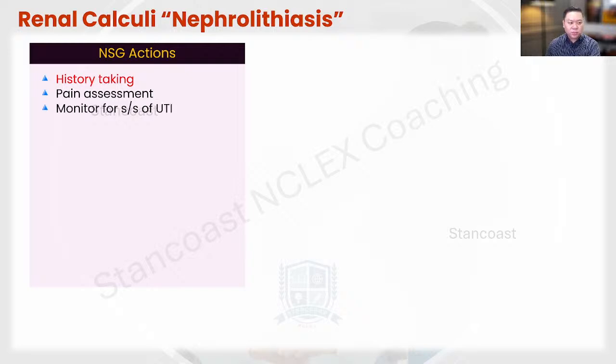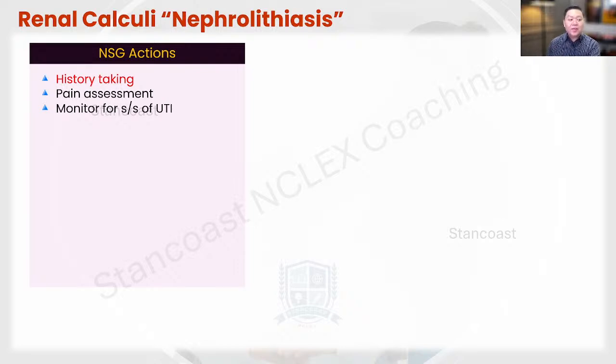You can do it. And so another is to monitor the patient for any signs and symptoms of urinary tract infections, because like I said, most of the time, because of the stasis in the urinary flow, this will become a medium of bacterial growth.